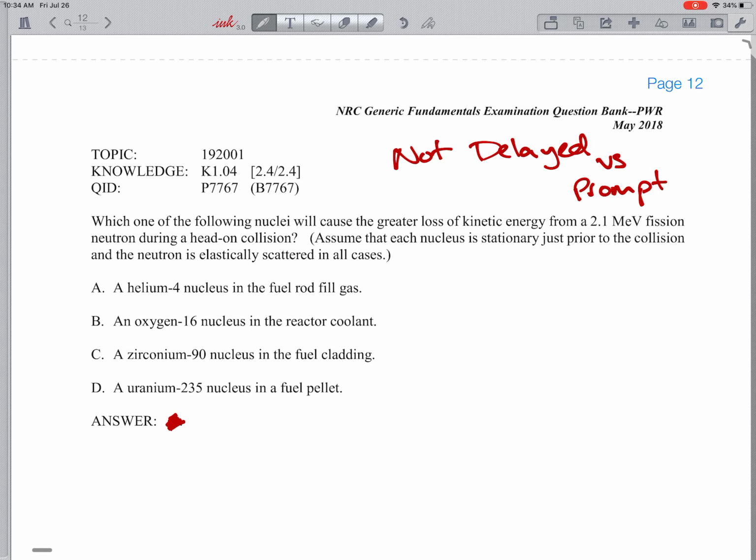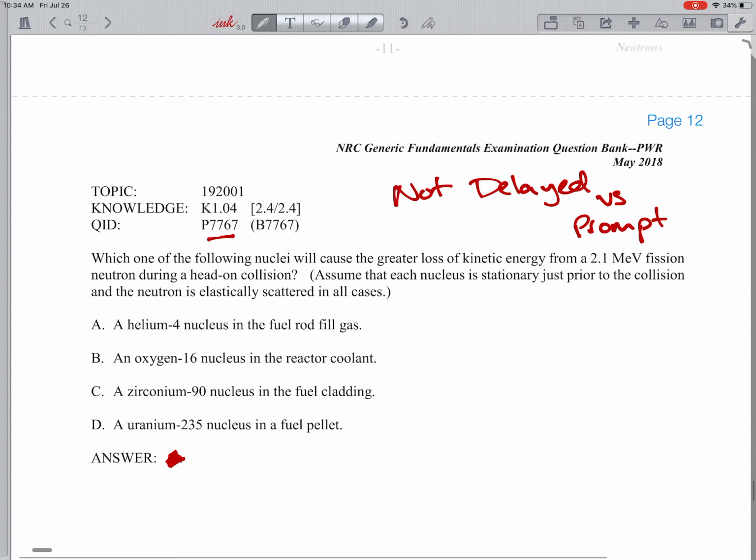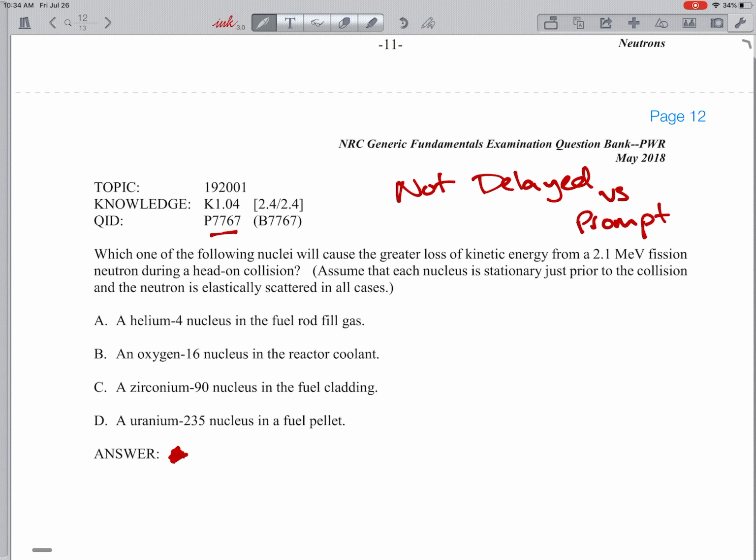It's been on a recent exam, and it's a good thing to know. But you're more likely to get a question that's delayed versus prompt. And remember, this is only going to be 1 out of 50 questions on GFES, so you have a small chance of getting this one.